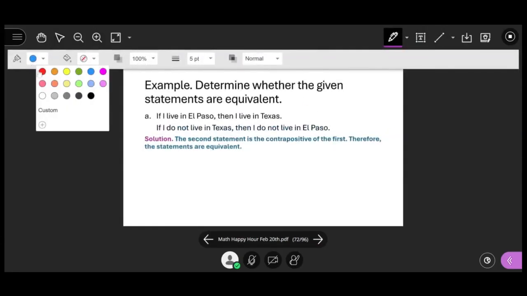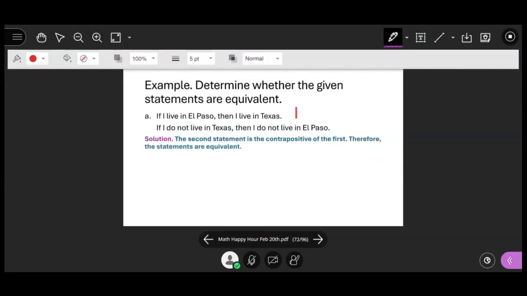So that's going to be P conditional Q. I live in El Paso is your P. I live in Texas is your Q. I do not live in Texas, so that's negation Q. And then I do not live in El Paso.